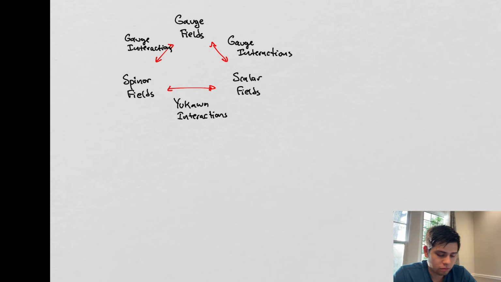So let's get into this a little bit more. Before we get into this, I would want to give a little bit of a primer on interactions, sort of the philosophy of how we describe interactions mathematically. We're going to describe interactions in terms of these things called Green's functions.